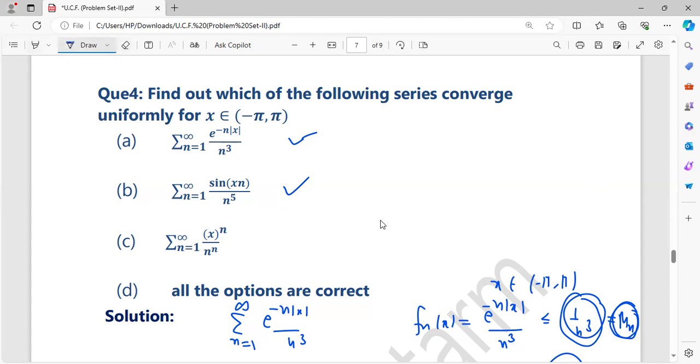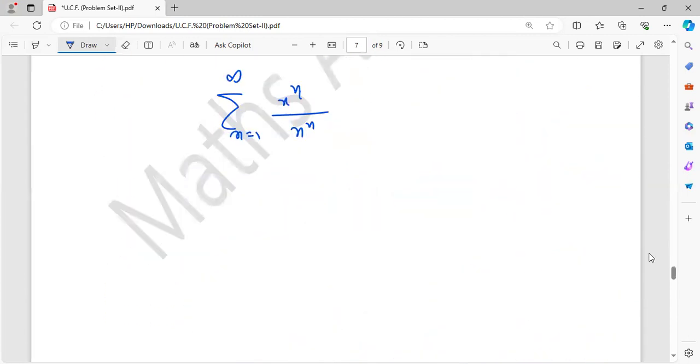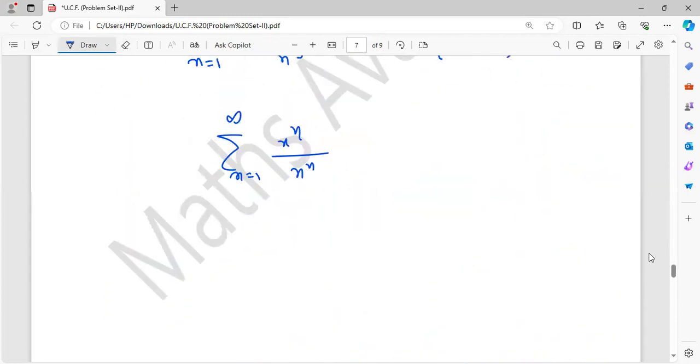So this series is nothing but, there is a typo, x upon pi to the power n upon n to the power n. So what is this?